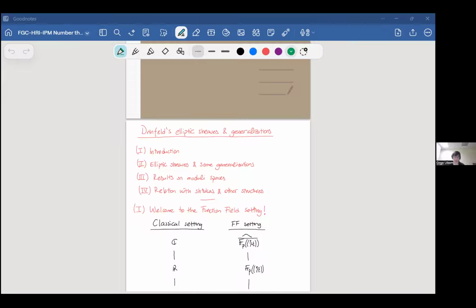Today, I'll talk on Drinfeld's elliptic sheaves and generalizations. My talk will be mainly on four parts. First, I will make a brief introduction into the function field setting, and then I'll briefly define what an elliptic sheaf is and talk on some of its generalizations, mainly focusing on generalized D-elliptic sheaves.